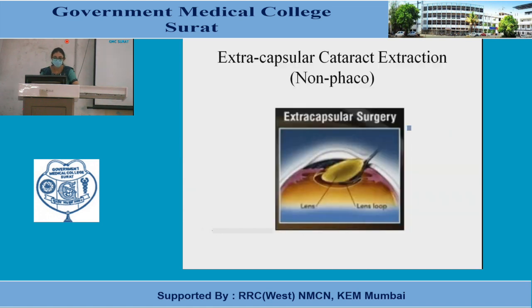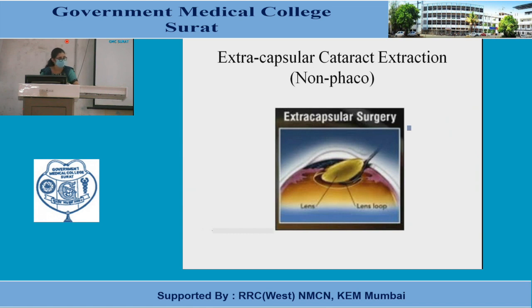So in case of extracapsular, not the whole bag is removed, only an opening is created and the nucleus is prolapsed out. Later on, the cortical wash in the bag is done and you put an IOL. So extracapsular, either you manage by making a conventional large incision, or you make a scleral incision, or you make a phaco incision.